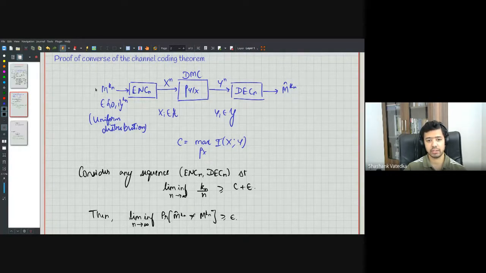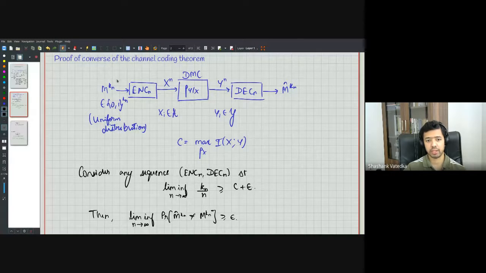You want to send these message bits through a noisy channel, a discrete memoryless channel with transition probabilities P of y given x, and you want to know the best performance that an encoder and decoder can have. So what is the best pair of encoder and decoder that you can construct?